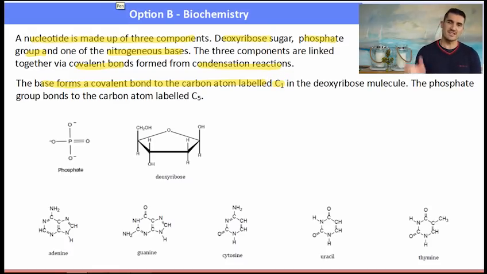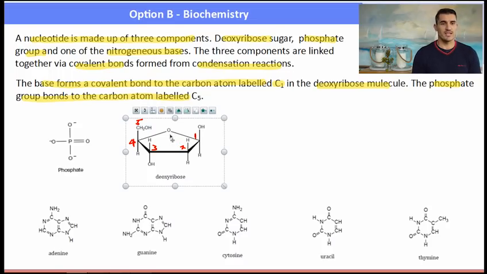So C1 is the carbon on the right hand side of the deoxyribose sugar, and that is the location of the base. The phosphate group binds to the atom labelled C5, and that is if we were looking at one above. So there's a phosphate group attached above. The other phosphate group would be bonded at the 3 location to keep the chain going.